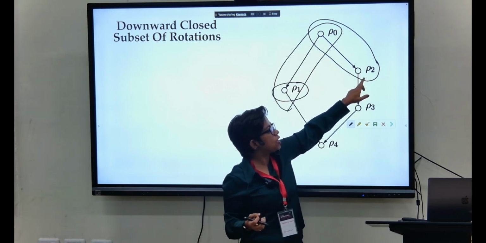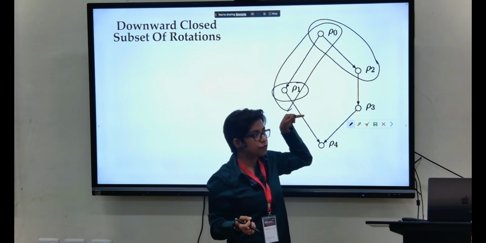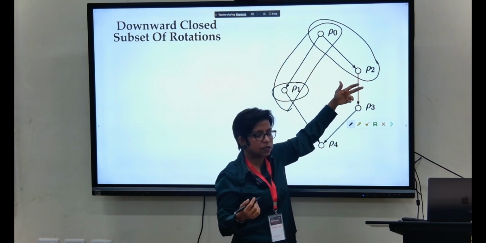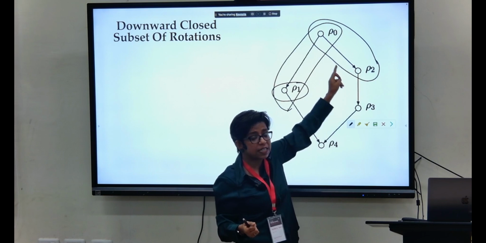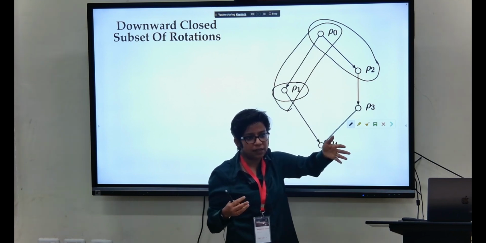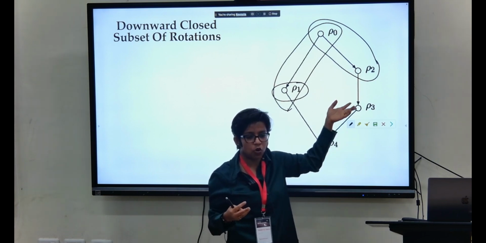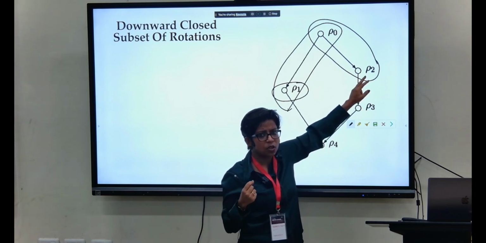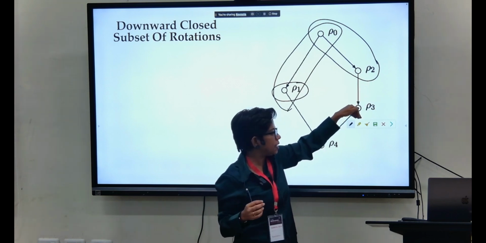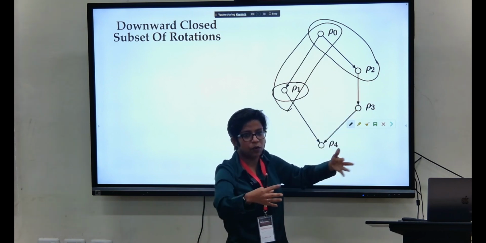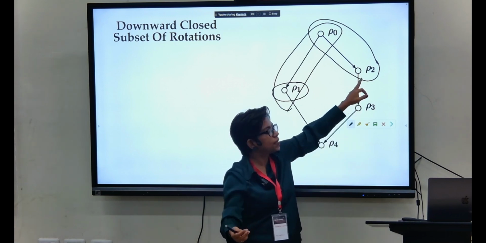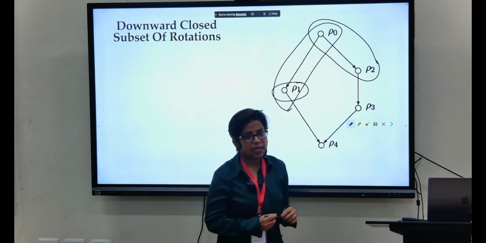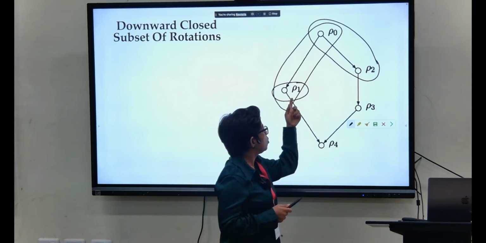The poset ordering induces a directed graph, and from rho 2 I am seeing all those vertices that can reach it via a directed path. Those are part of the closed subset. Okay? And of course, this is the smallest closed subset that contains rho 2. Anything additional you add will give you other closed subsets that contain rho 2, but this is the smallest closed subset.